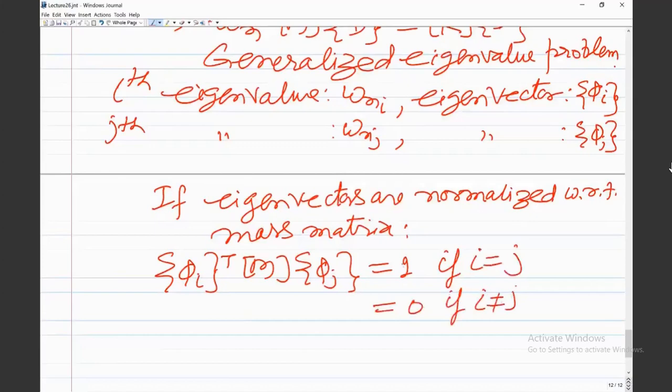So if i and j are different, the product is going to be 0 in any case.